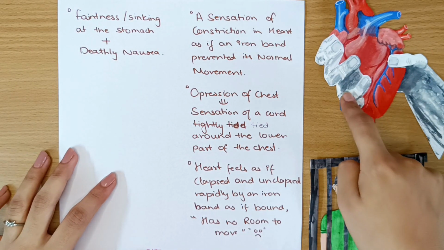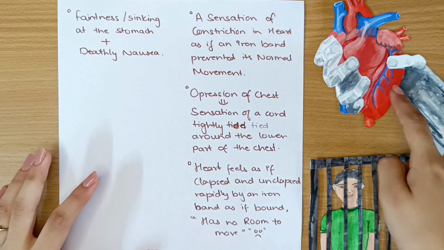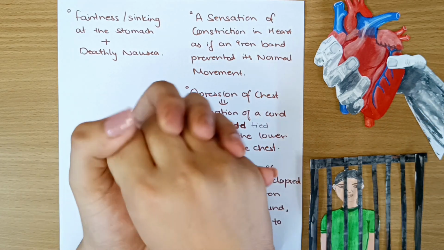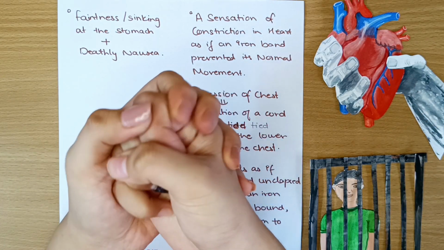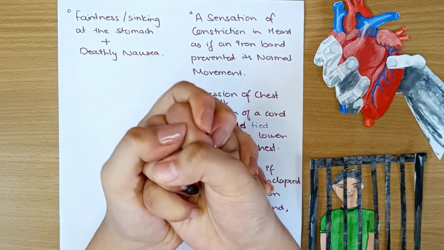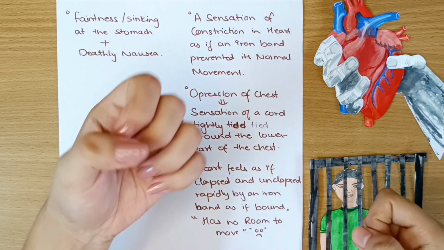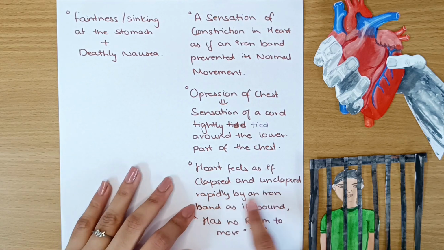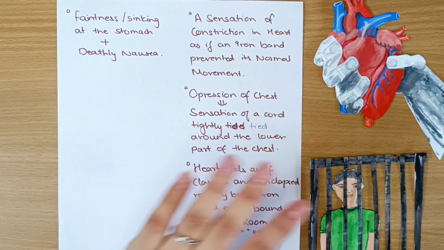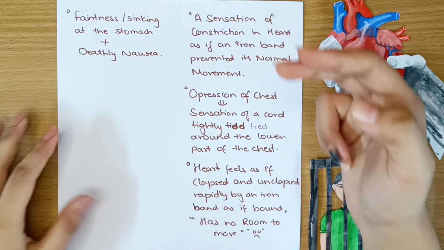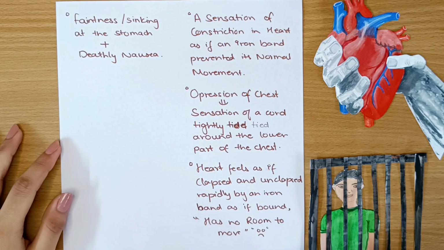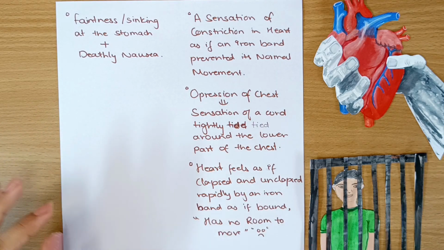Because of this, the heart feels it has no room to beat. How is it going to beat, when it has been clasped and unclasped by a hand? So the heart feels as if clasped and unclasped rapidly by an iron hand, as if bound and with no room to beat. These are the peculiar sensations that we see in both remedies.